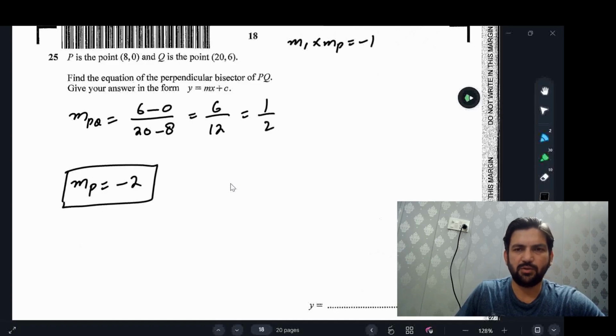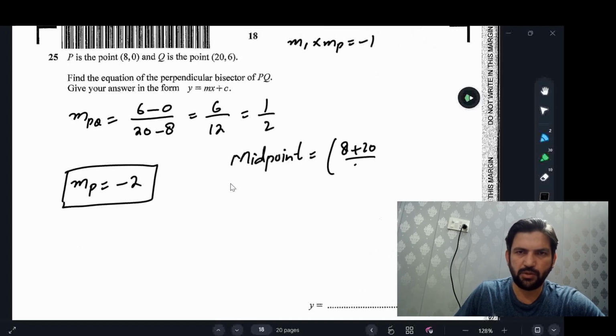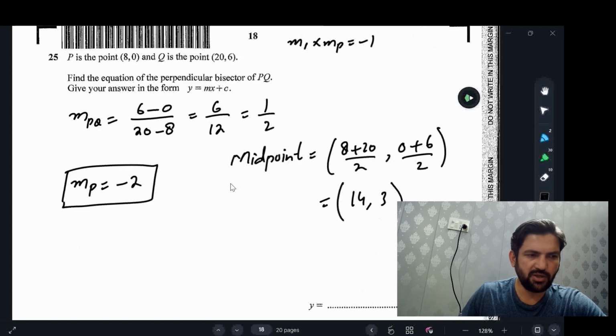Similarly, we have to find out the midpoint. So midpoint will be equals to 8 plus 20 divided by 2 and then 0 plus 6 divided by 2. So this will be 14 and this will be 3. So now 14 and 3 we have a point. So what we have to do, we have to use this equation for the equation of the line.